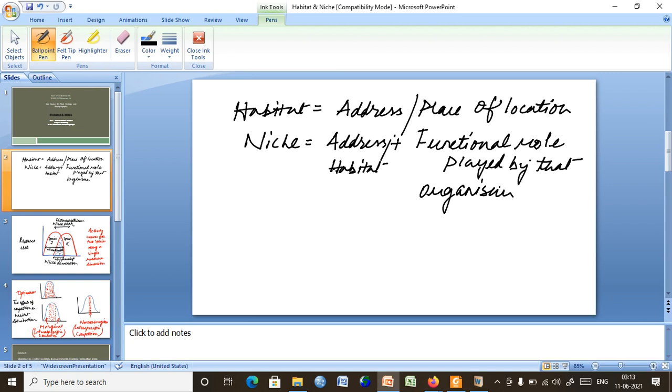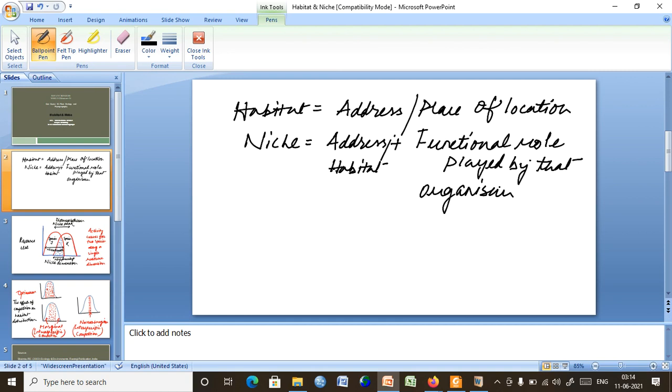This may be temperature, moisture, pH, soil, and other factors which can regulate the establishment of that particular organism in that situation. It actually represents the niche or the hypervolume.